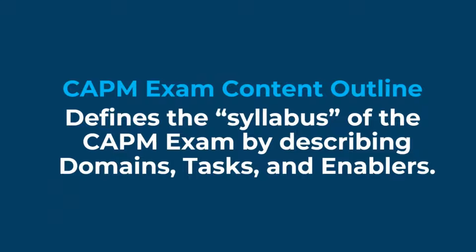So our first topic is the answer to the question, what is the CAPM exam content outline and why on earth should I care? Well, the ECO defines the syllabus of the CAPM exam by describing domains, tasks, and enablers. And we are going to jump into those in just a minute. But in other words, the ECO really is your guide to the CAPM exam.